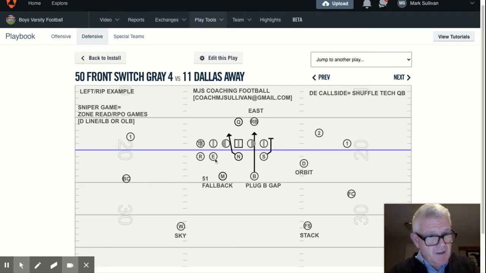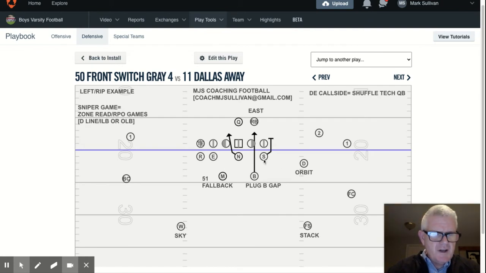West tells the end that he's in it, tells the nose to go right. Right? Boom, done. For the inside linebacker, they're the ones making the east-west call, so hopefully they realize, right? You're on the right, you say east. Boom, done, right?